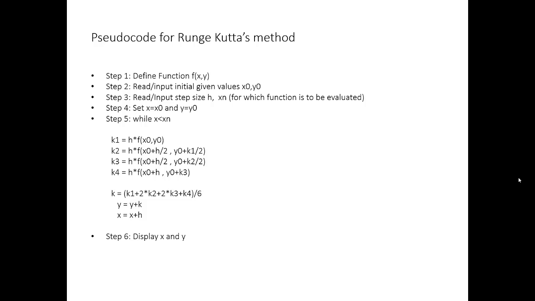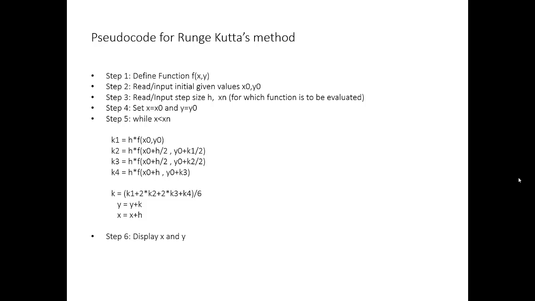Here n is the number of iterations for which you are running your program, xn is given to you, and x0 is the boundary condition. If it is not given, you can calculate it this way, but we will assume that the step size is given to us, or we will just read it from the console.